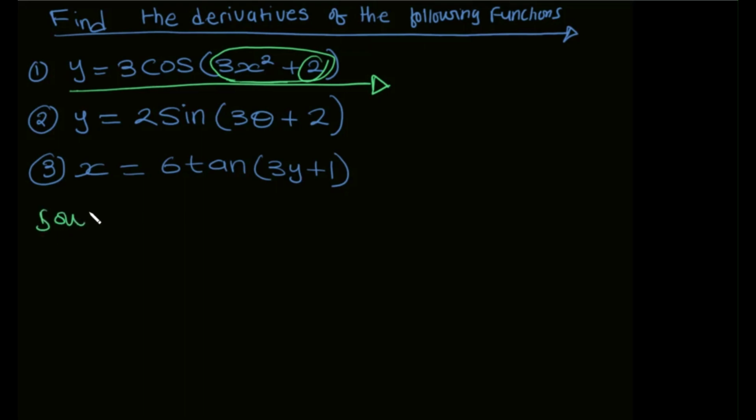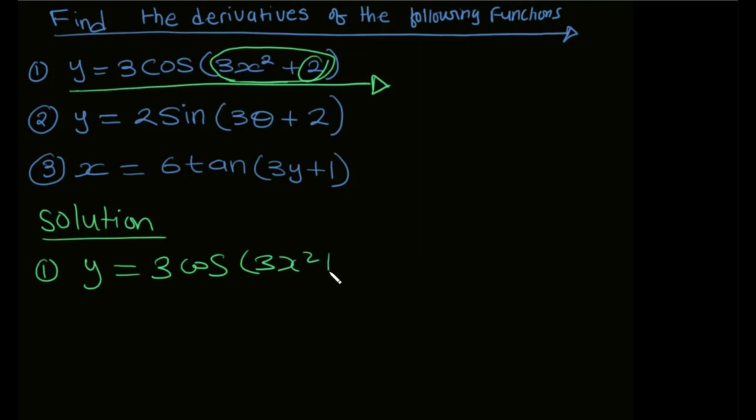Solution. Question 1: y is equal to 3 cos(3x squared plus 2). The first step: we define what u is. We're using the chain rule.